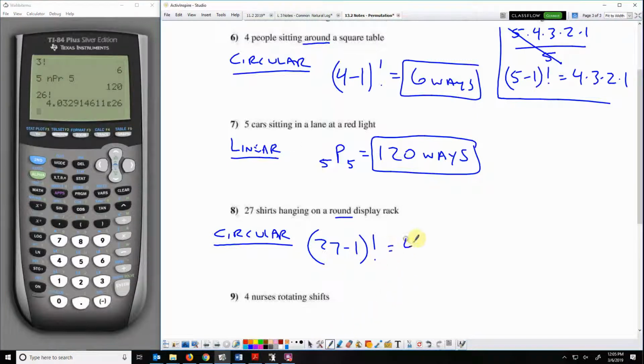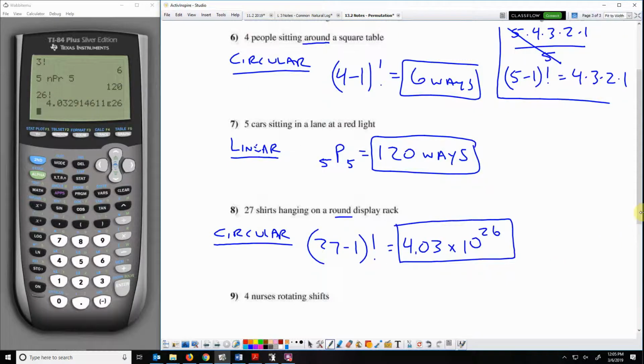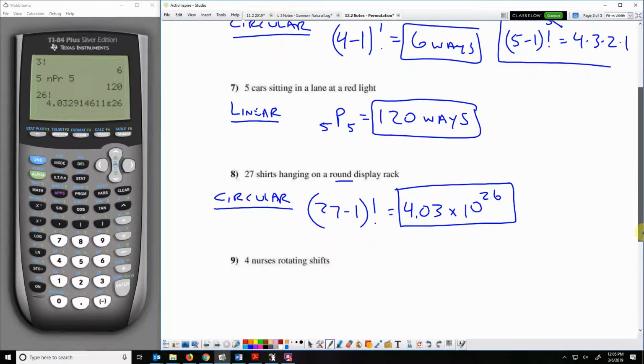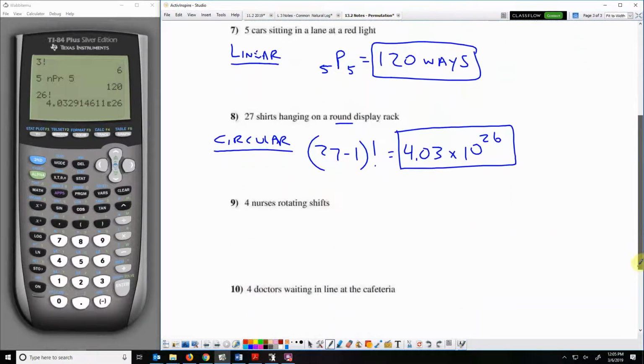So approximately 4.03 times 10 to the 26th power. I've got 9 digits right here, I would have to go a whole lot farther, filling in a lot of zeros. This is a very large number. But that's the number of ways that you can arrange those 27 shirts around a display rack.